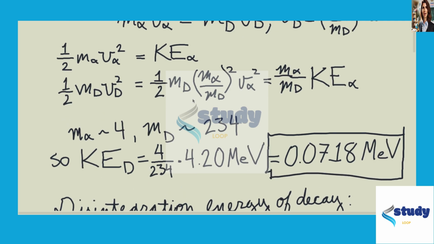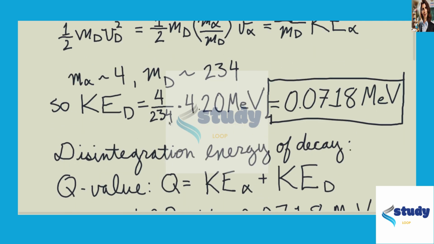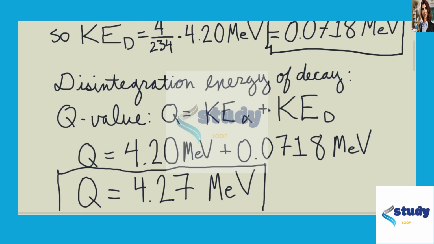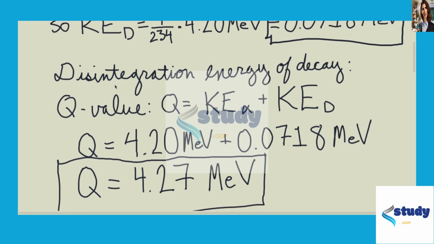So we are going to sub in these 2 values for our ratio in this expression here, and multiply that by the kinetic energy of the alpha particle, which is a given in this problem. And lo and behold, we end up with 0.0718 mega electron volts for the recoil kinetic energy of the daughter nucleus.